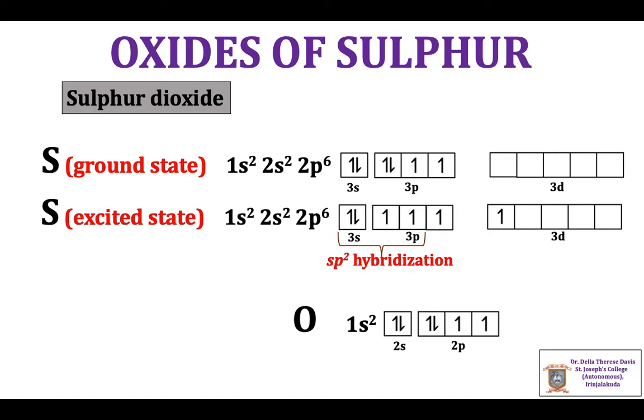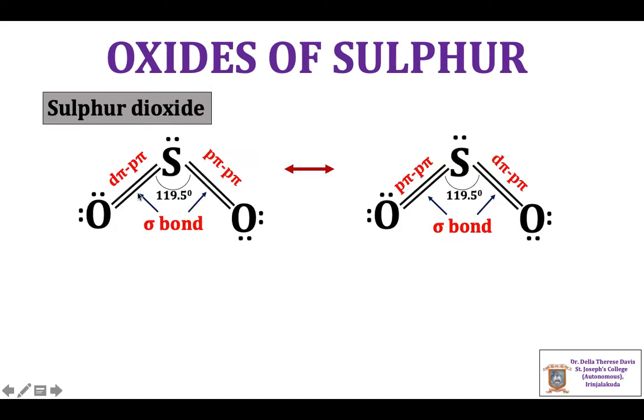The electronic configuration of oxygen is 1s2, 2s2, 2p4. Each oxygen atom forms one sigma bond with the sulfur atom. And the third sp2 hybridized orbital contains the lone pair.